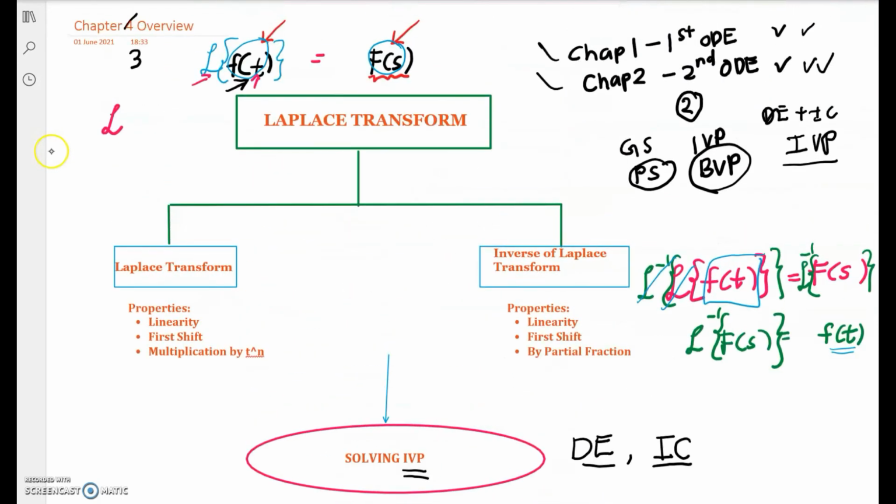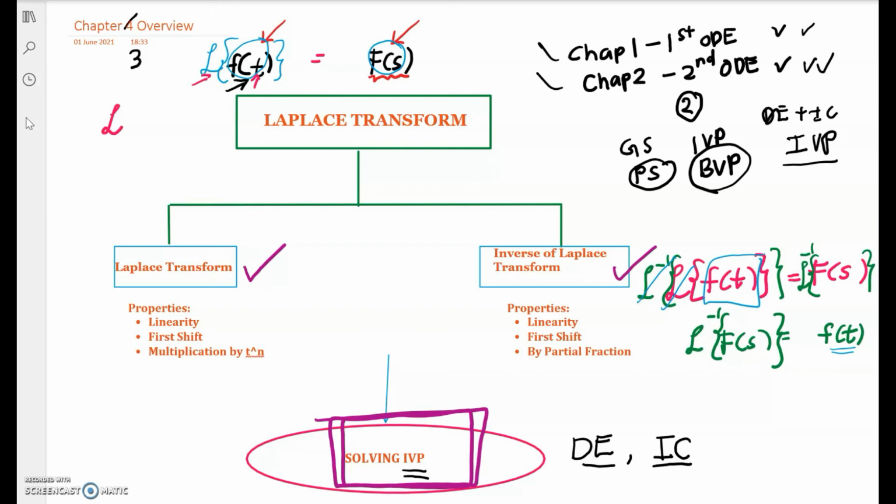In short, in the Laplace transform, bear in mind that our main aim is to solve initial value problems. Before we solve initial value problems, we must first learn what the Laplace transform is and what the inverse of the Laplace transform is.